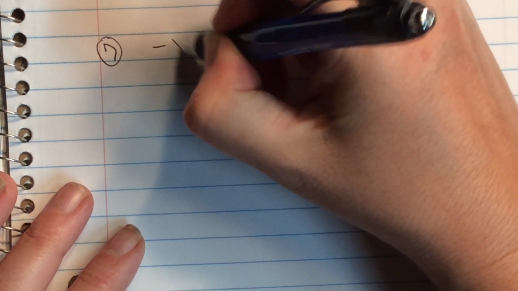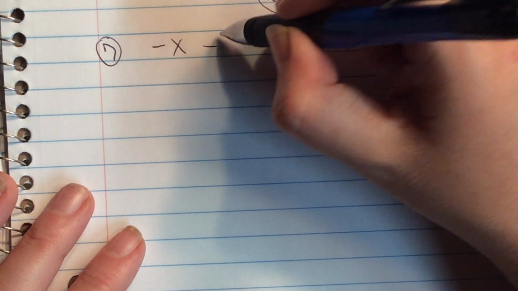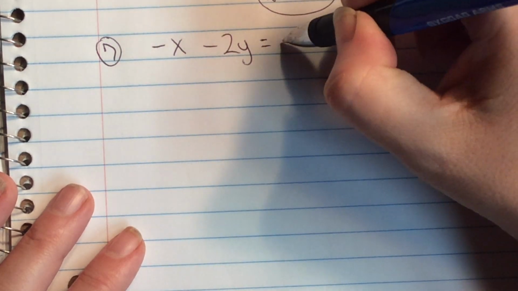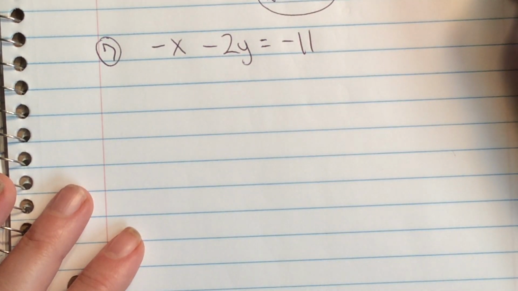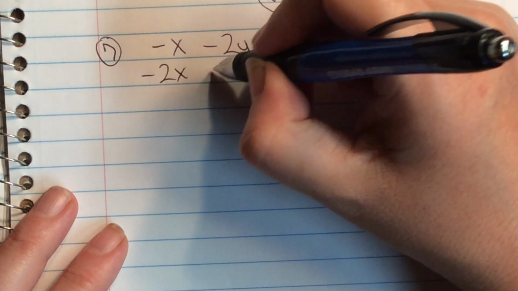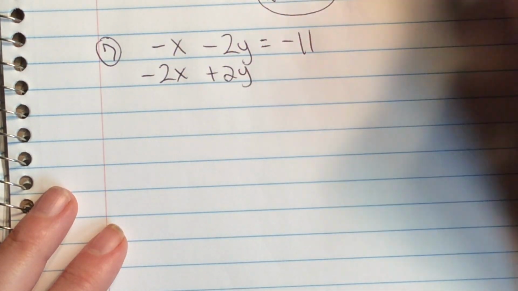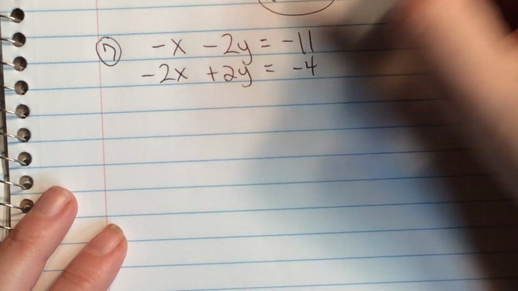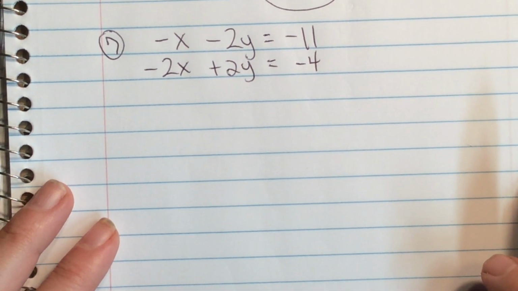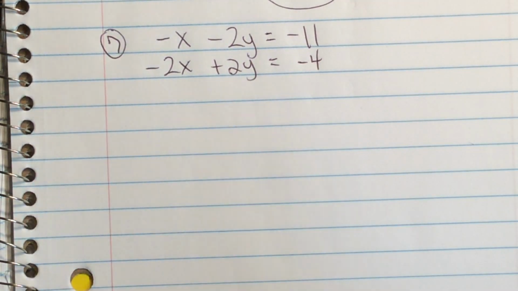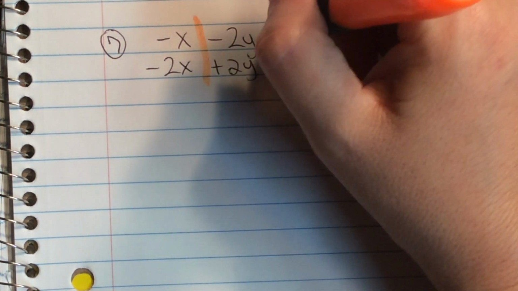I have negative x minus 2y equals negative 11. Then I have negative 2x plus 2y equals negative 4. And I'm going to separate my columns.